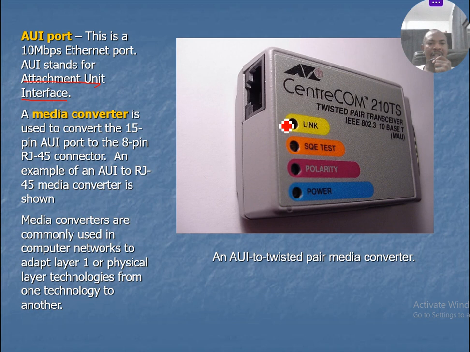It can convert the 50 pins from the AUI port into the 8 pins of the RJ45 connector.